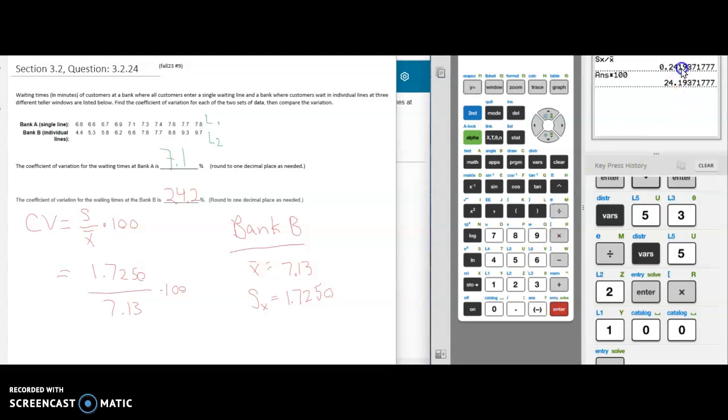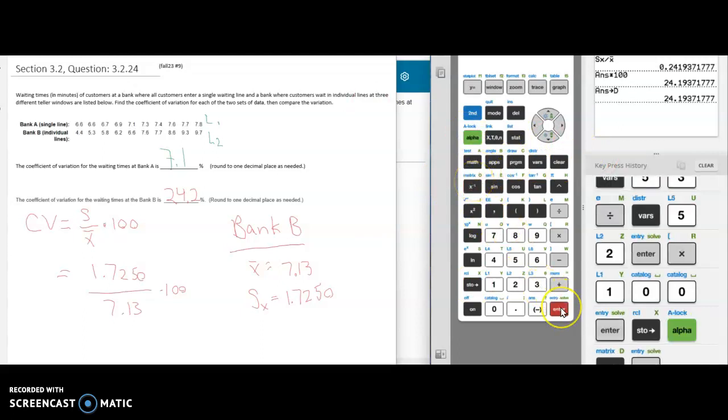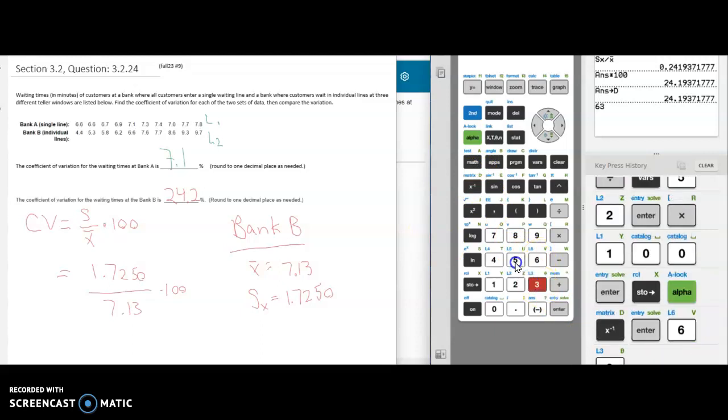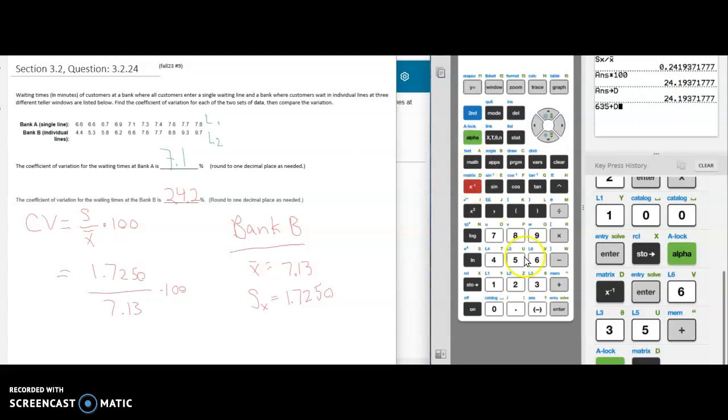If I had been doing a calculation that wasn't a statistic and wanted to store it, like this calculation here, I can press STO and then alpha and pick a letter to store it at. Maybe I want to store it at alpha D. Enter. Then if I wanted to use that value later, totally out of context of the problem, if I had the number 635 and needed to use a value I had stored in D, I'll press plus alpha D and it will add those numbers together.